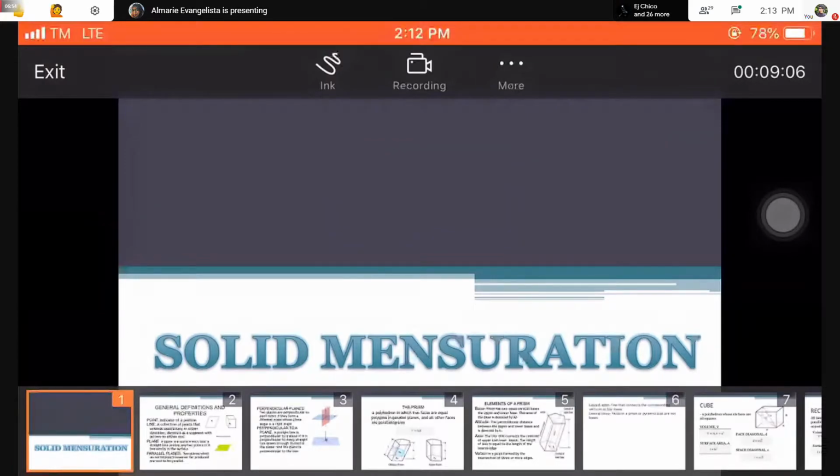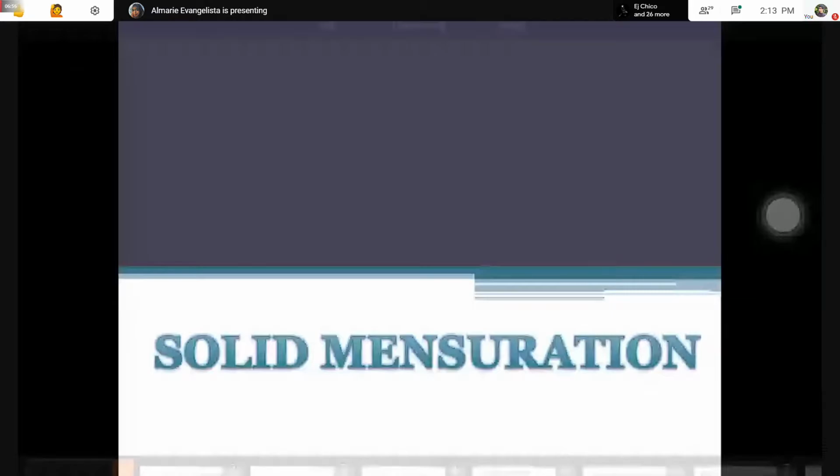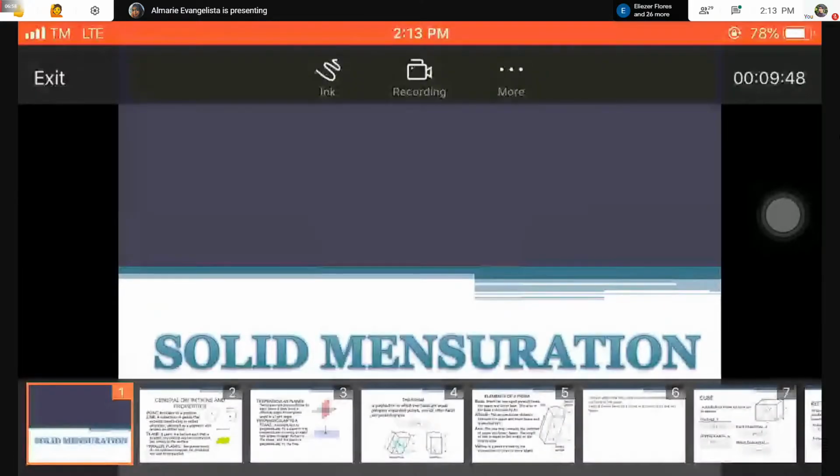So, let's proceed. Solid mensuration. I think napag-aralan natin to during our junior high school days. Dito, napahapyawan tayo ng mga teachers natin about sa volume and surface area ng mga 3D objects.